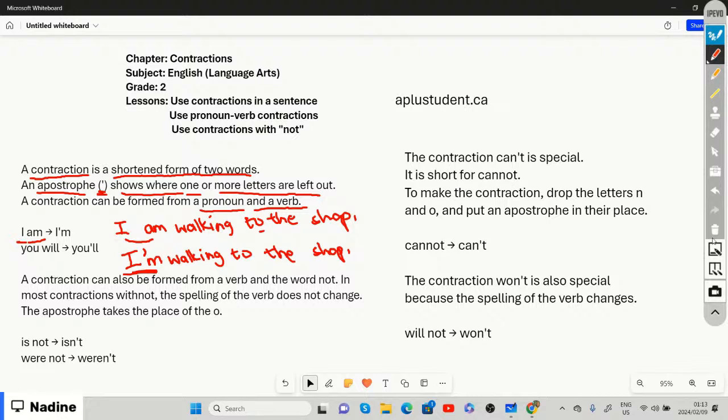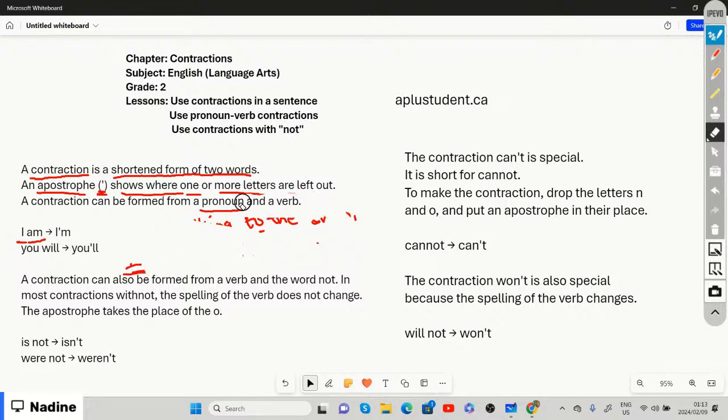All right. Now, if we look at our next words, which are you will, our pronoun is you and our verb is will.